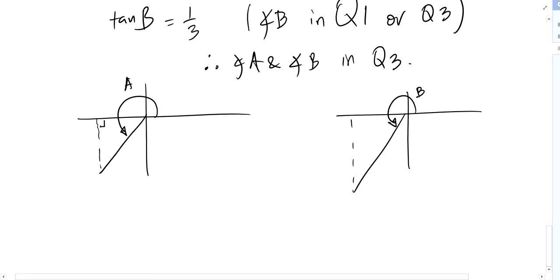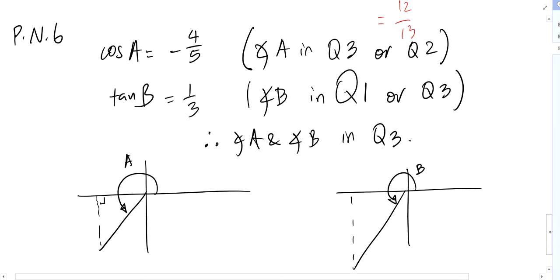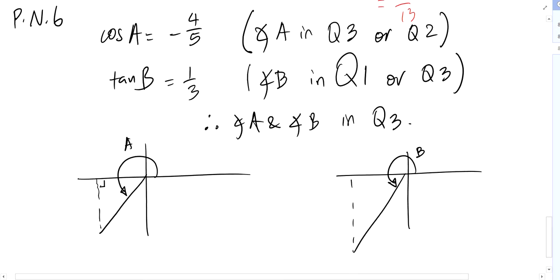In the same quadrant, based on the information that we have, cosine A is negative 4 over 5. Does the negative sign belong to the 4 or the 5? Cosine is the x divided by the radius, so we've got 4 and 5 over here.